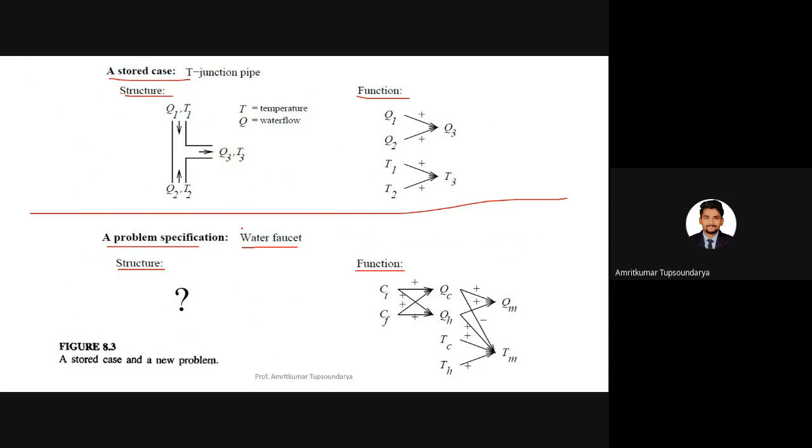So the function here is represented by the graph of the qualitative dependencies among the T junction variables. Now, what are the variables here? As you can see, T stands for temperature, Q stands for the water flow, right?